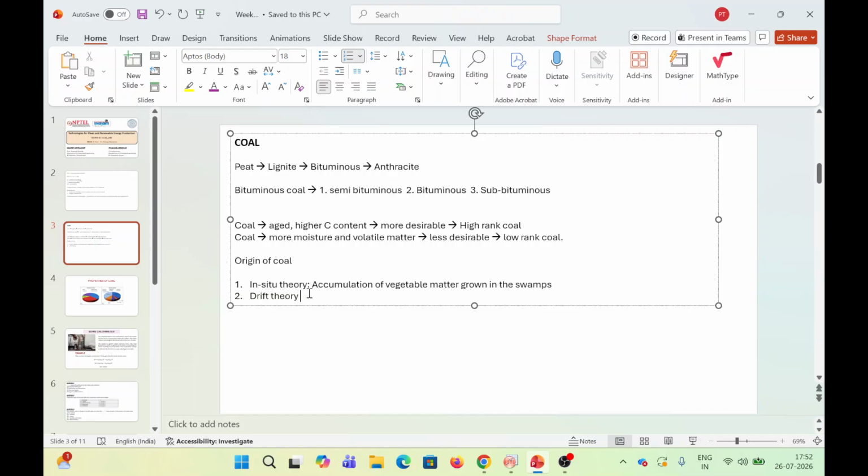Whereas in case of the drift theory, here it is about the terrestrial plants that are growing in dry lands.